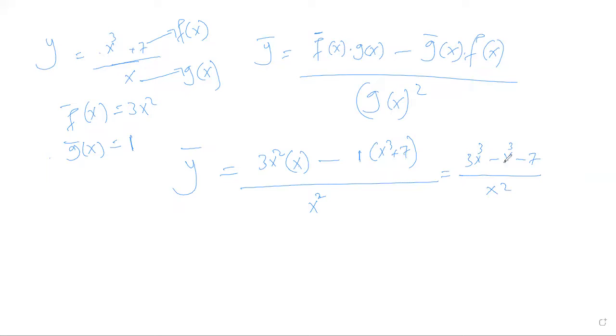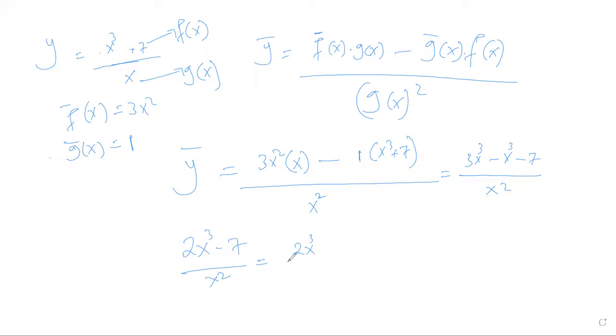If I go ahead, this one will be subtracted, so 3x cubed minus x cubed, combining like terms, will be 2x cubed minus 7, divided by x squared. Somebody can leave it like this, it is also correct.